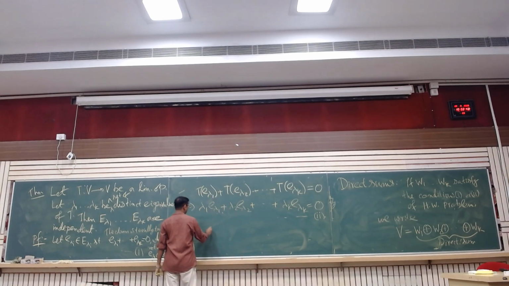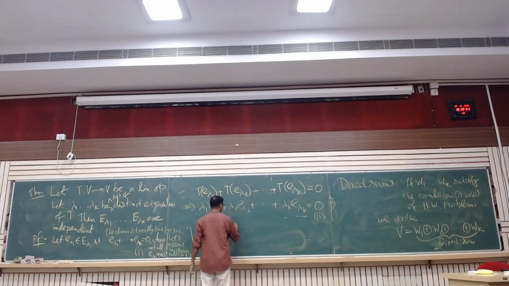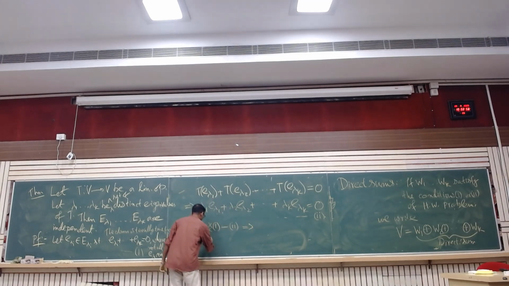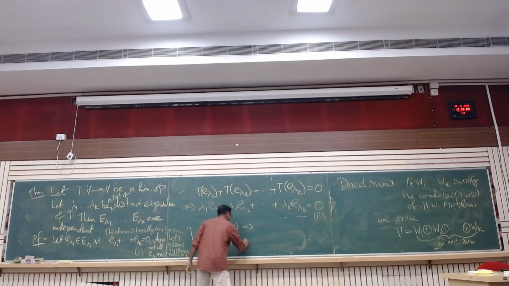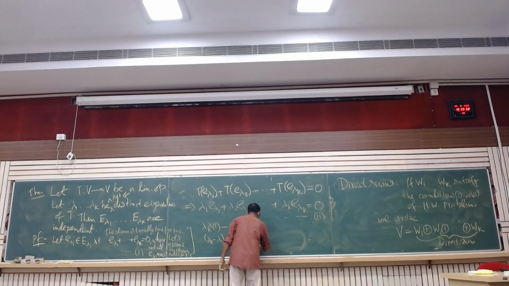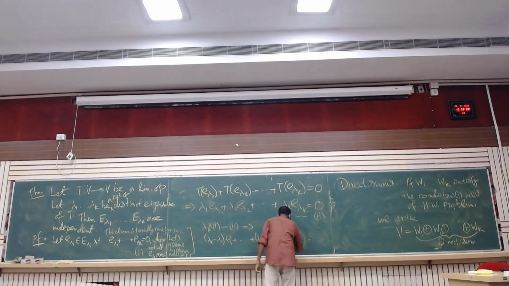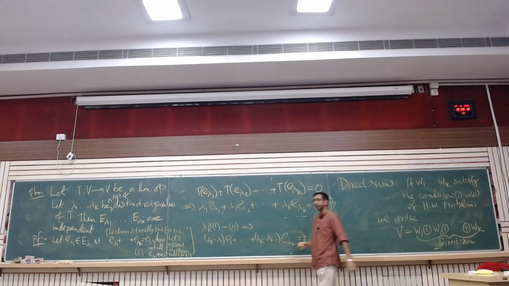We multiply the first equation by lambda k and subtract the second equation from this, and that gives us lambda k minus lambda 1 times E lambda 1 plus dot dot dot plus lambda k minus lambda k minus 1 times E lambda k minus 1 equal to 0.